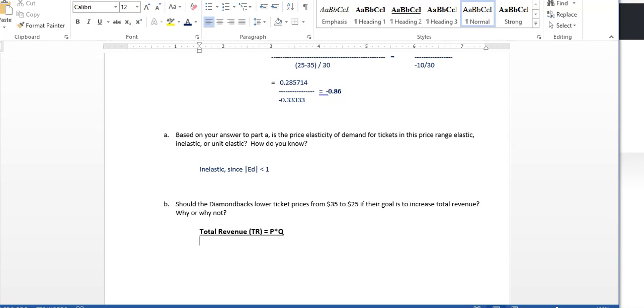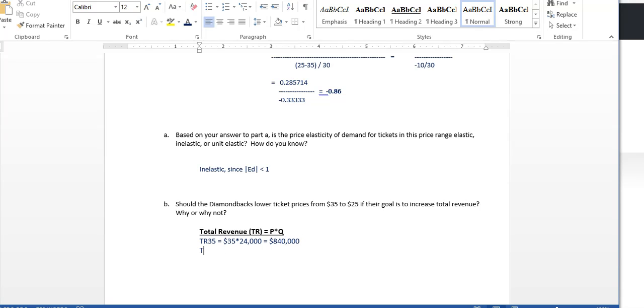The number of units we sell times the price of those units. So at $35, the price is 35, and the quantity of tickets sold is 24,000.